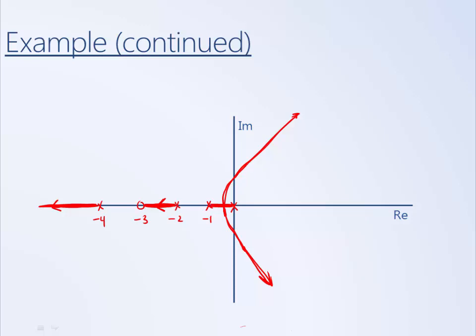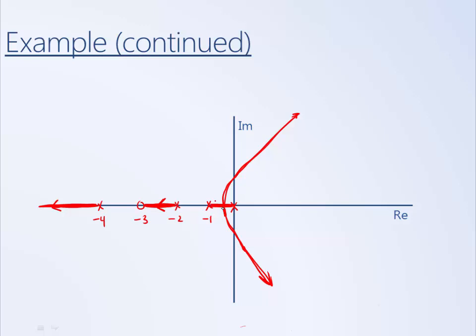In this case, all of our angles of departure and all of our angles of arrival are determined. So these are angles of departure where we leave poles. Here we have an angle of arrival where we approach a 0. And this is a rough sketch of a root locus. It's not exact, but we can tell quite a bit from it, and we were able to draw it relatively quickly.